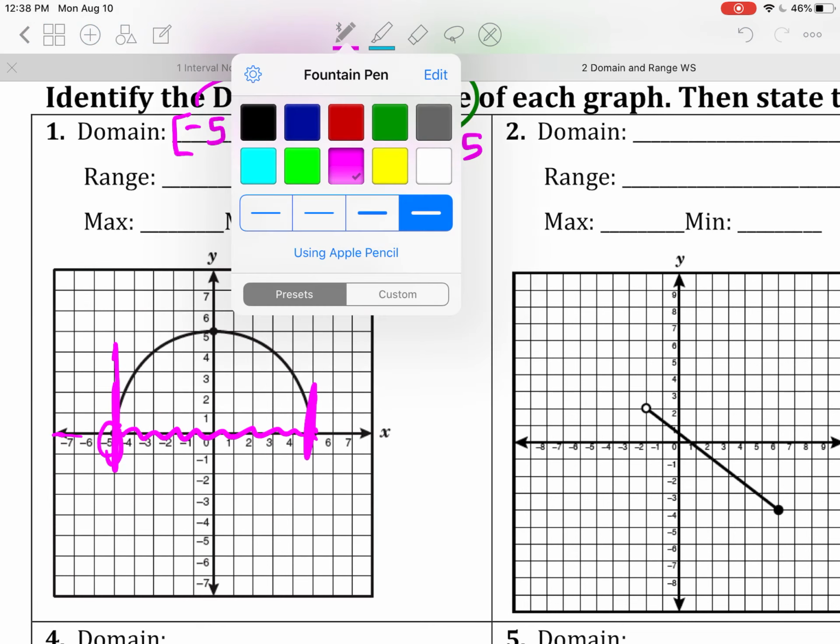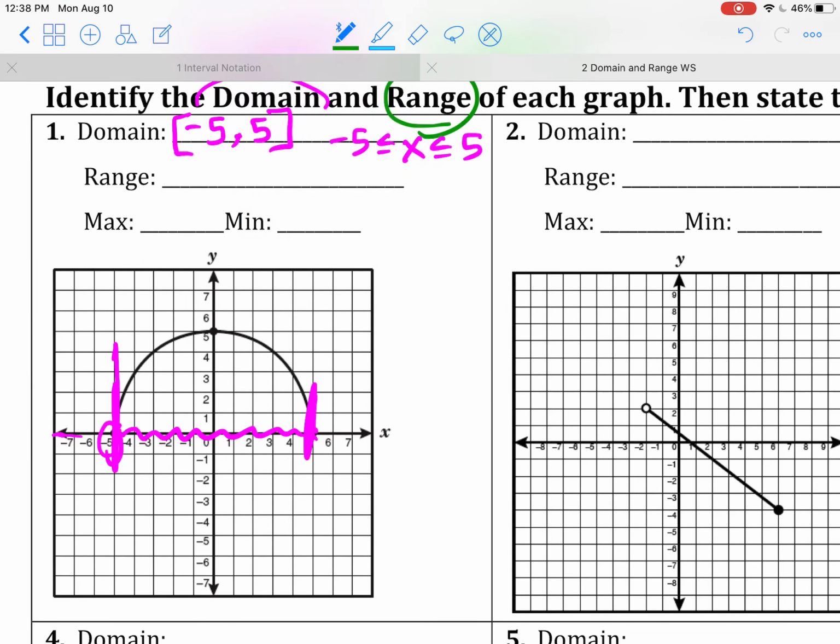When we're talking about range, we look at the y-axis. The very first point we get to as we scan along the y is 0 for this function. I'm going to clear that. Zero is the lowest y value of this function, and then +5 is the highest.